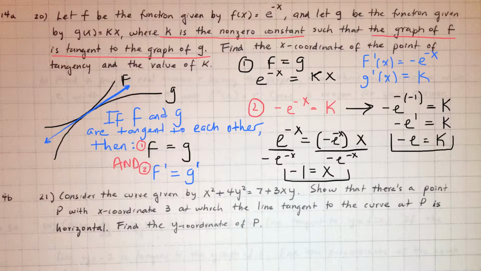Maybe I should write that down. f equal to g means they intersect. And f prime equal to g prime, they have the same tangent line. You can see it from the picture, hopefully.